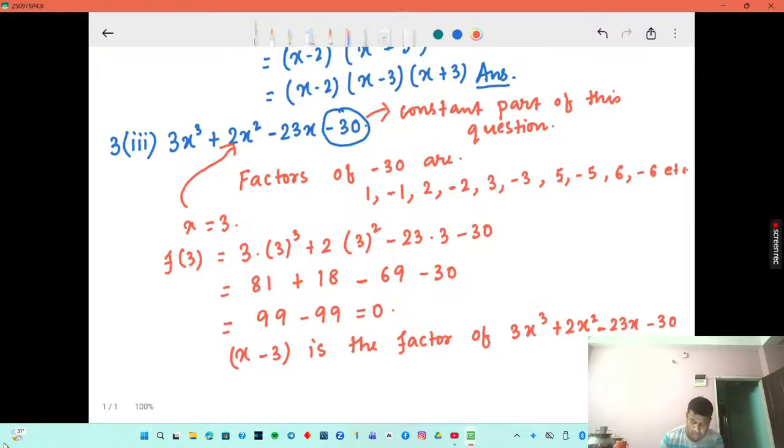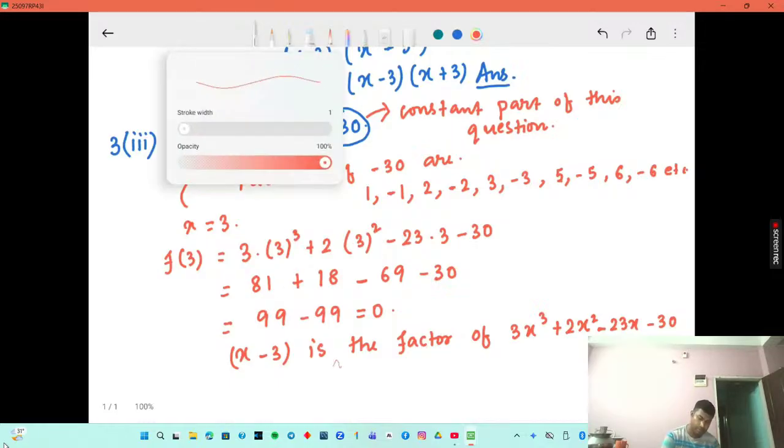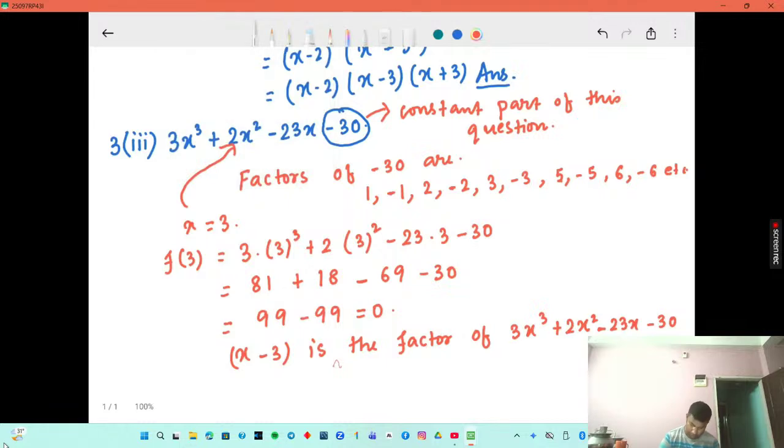From here we can see that x minus 3 is one of the factors. How can we find the other factors? We have to just divide the whole expression by x minus 3 in order to find the other two factors.